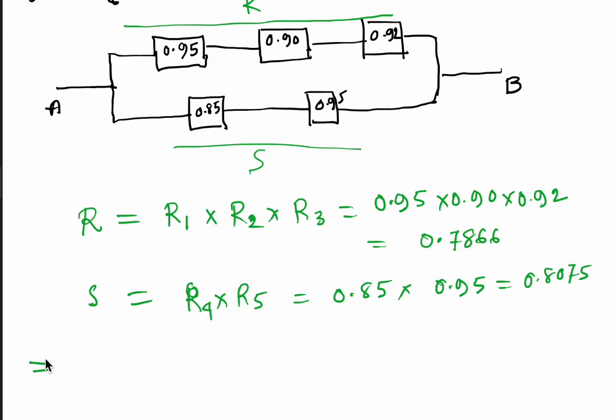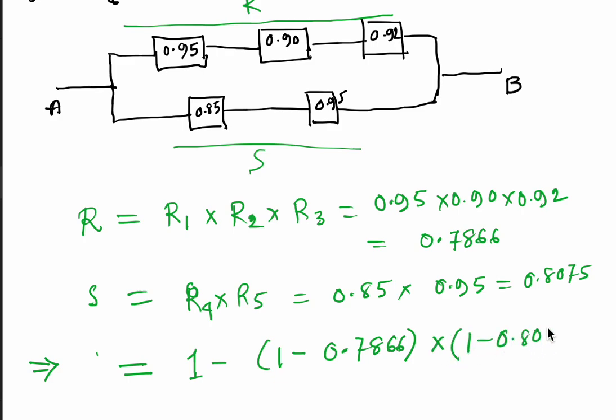So let's see that. The reliability of this whole will be 1 minus (1 minus 0.7866) into (1 minus 0.8075).